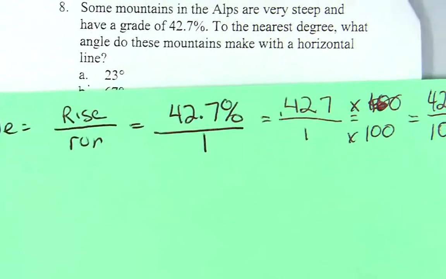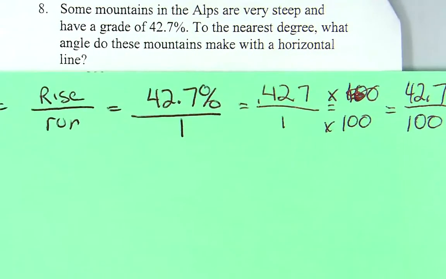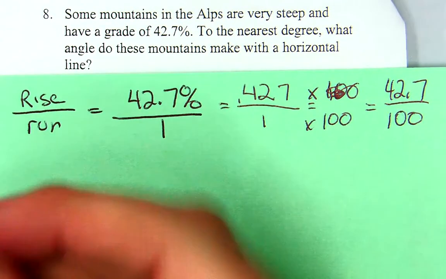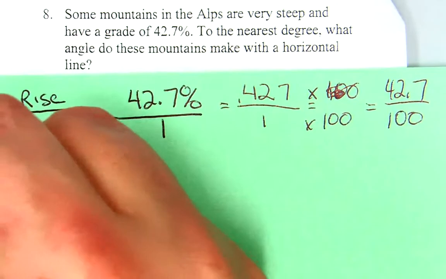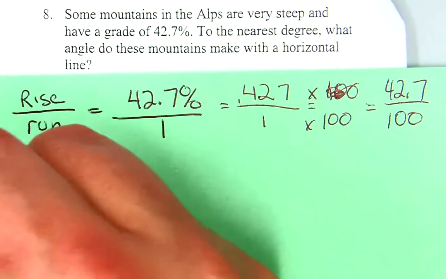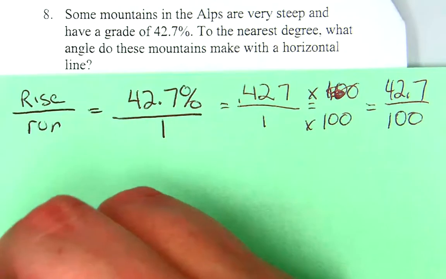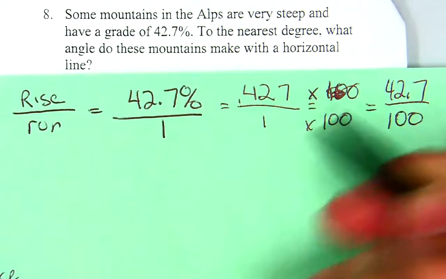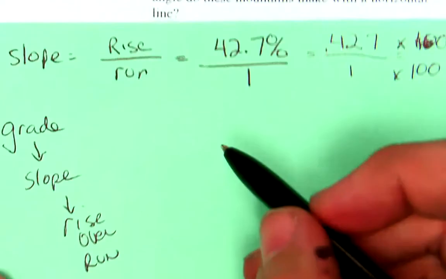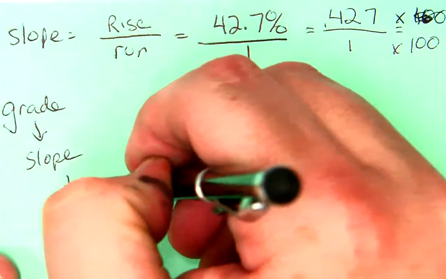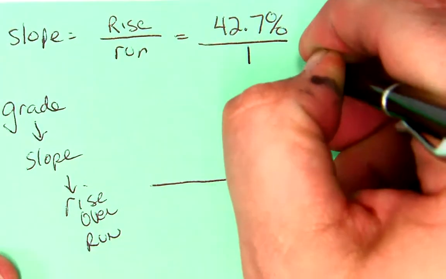Now, if we go back to the problem. The problem says some mountains have a very steep grade. The grade, slope, rise over run. There's the center of the Alps.